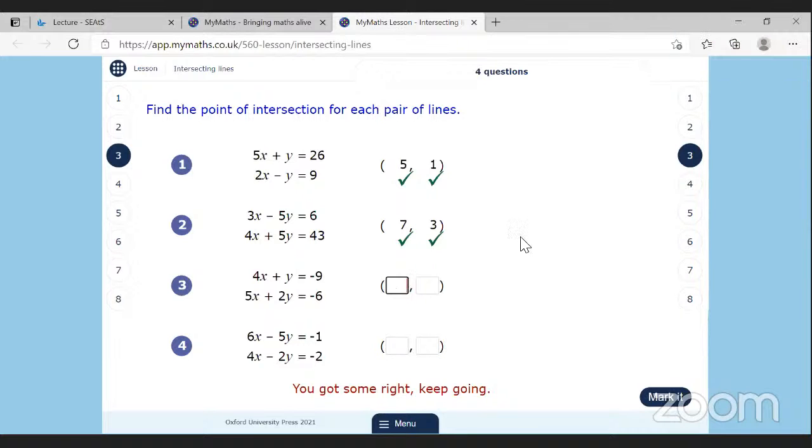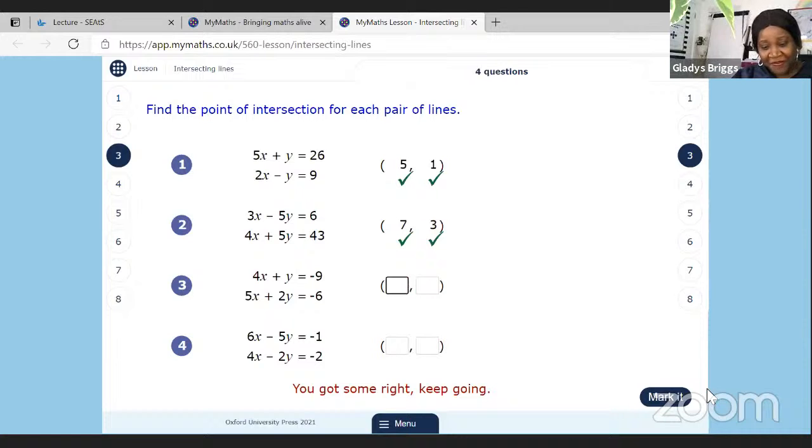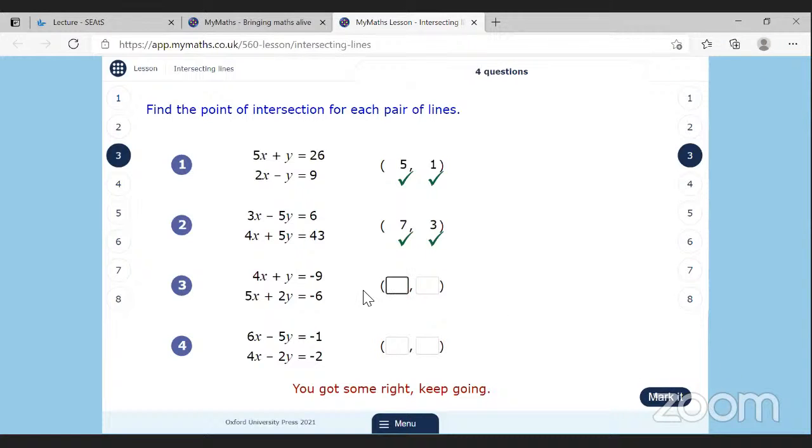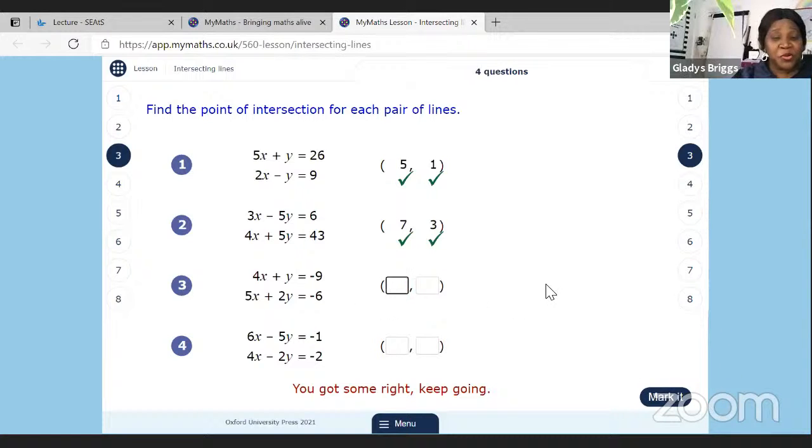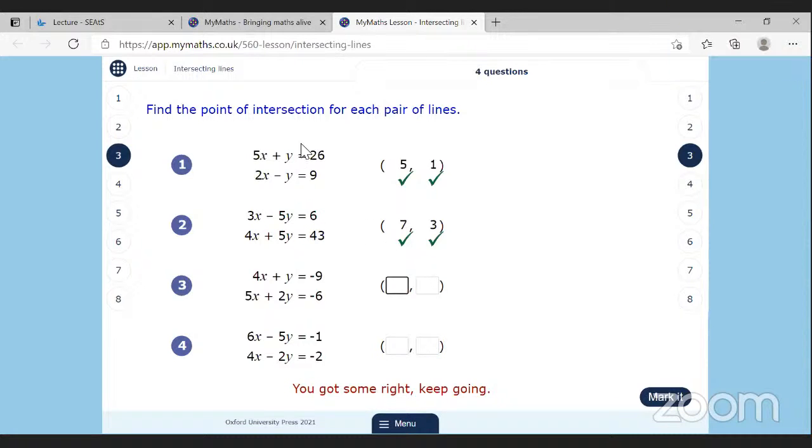Yes, but I didn't do it. Why? I did the first two. Then you started enjoying the conversation. You refused to work. Reem, did you do question 3? Yes. Okay. x is -4 and y is 7.